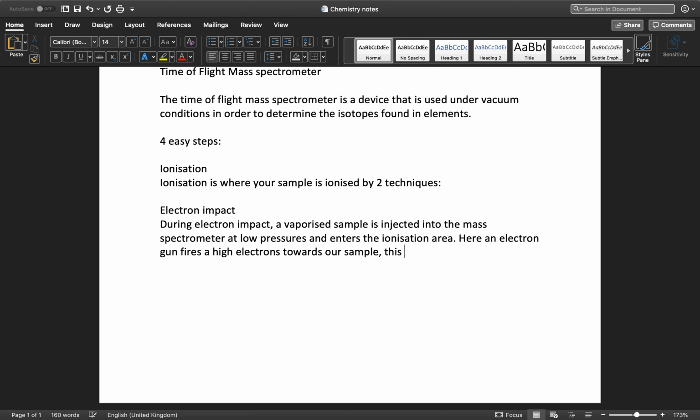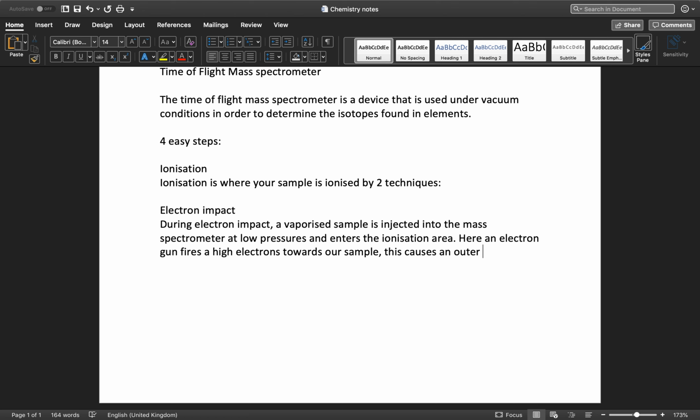This causes an outer electron to be released. It's very important to say outer electron, because outer electrons are your valence electrons. That's a bit more detailed, so you don't really need to know that, but if you do, they are the electrons in your outer shell.